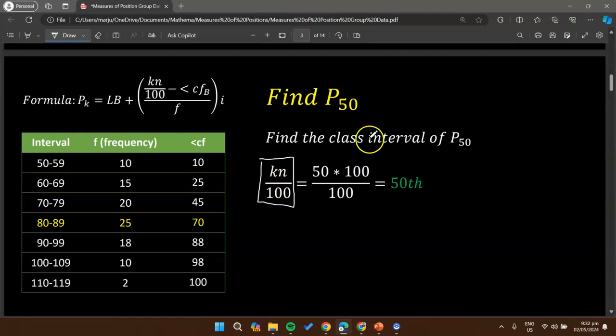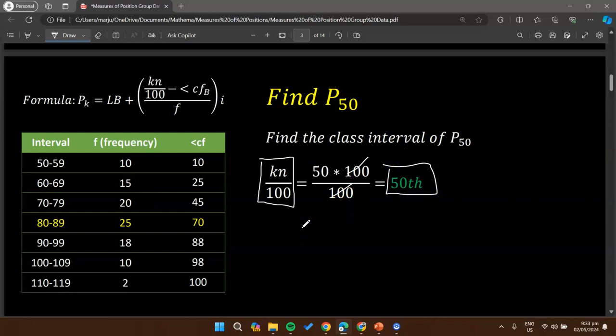Since we are asked to find the 50th percentile, we will write 50 times 100 divided by 100. So this will be cancelled out. We are left with 50, meaning to say our 50th percentile falls at the 50th position.